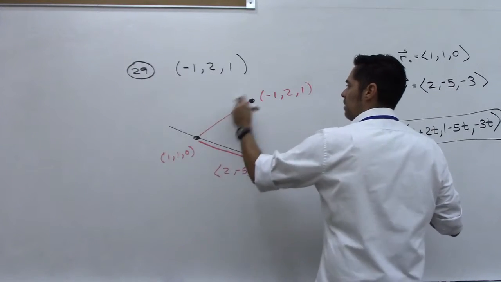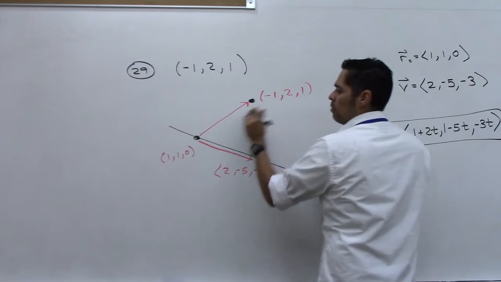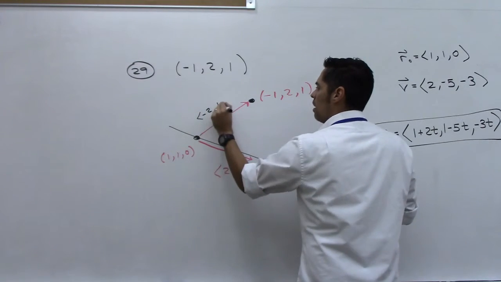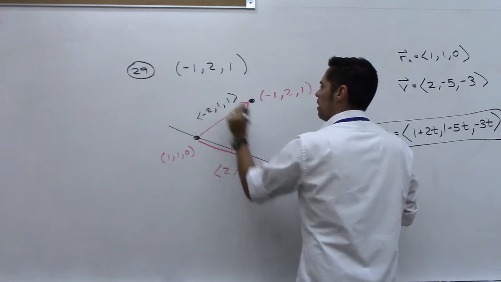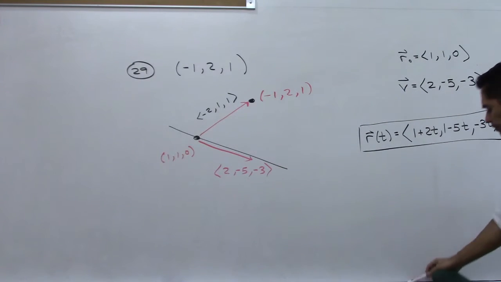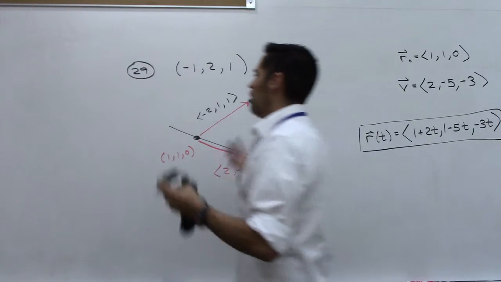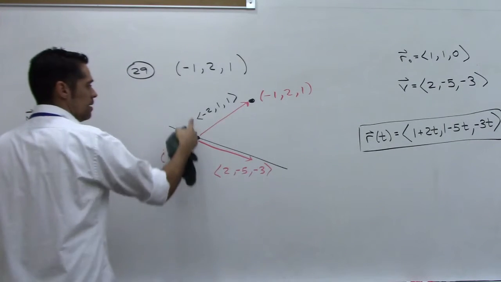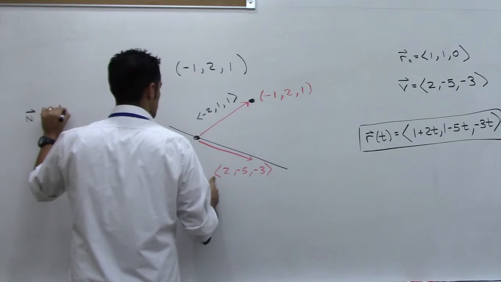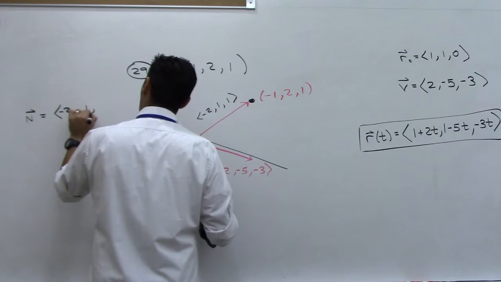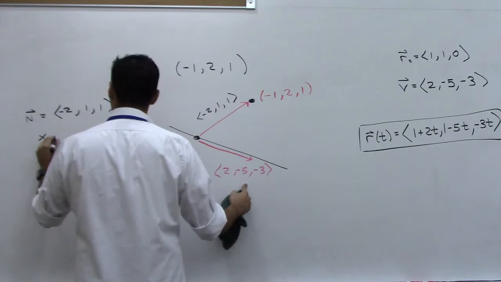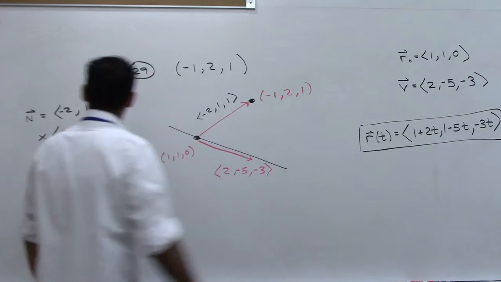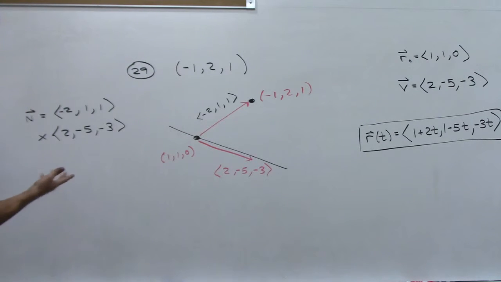And then we need this vector right here, so we go negative 1 minus 1 is negative 2. 2 take away 1 is 1. 1 take away 0 is 1. So we've got it all there. So the normal of the plane that I'm looking for is going to be this cross with this. So it's negative 2, 1, 1, crossed with this vector, 2, negative 5, negative 3. And then I'll need a point on the plane, which I already have.